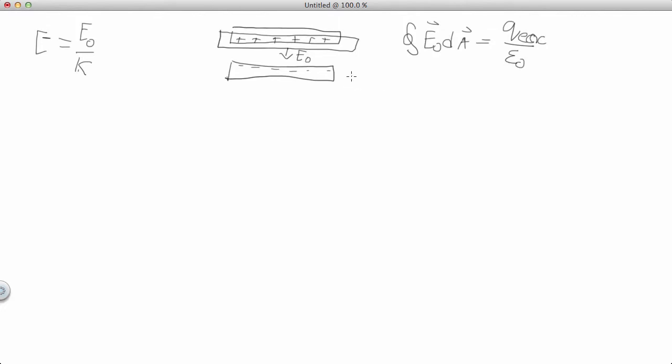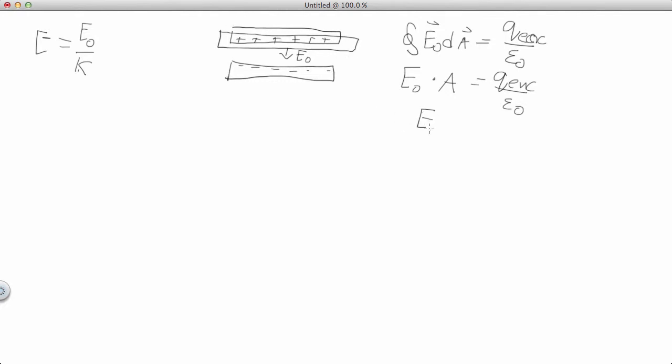over epsilon naught. Now if we have this nice parallel plate capacitor, we know that E naught is going to be constant here, then the integral of E naught dA is just going to be E naught times the area of that plate. The integral of dA is A, and that will equal Q enclosed over epsilon naught, and Q enclosed is the charge on this capacitor.